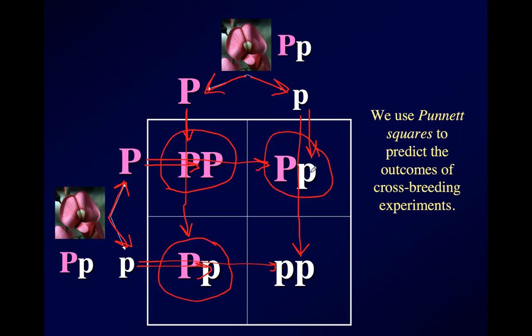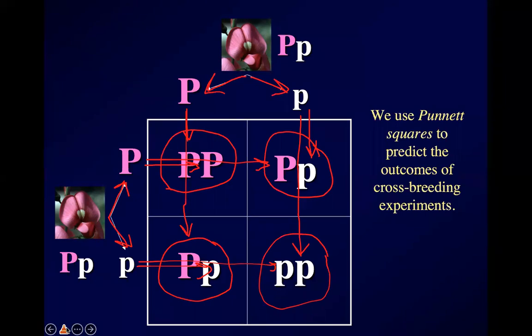They will look purple, but they will have 1 copy of the dominant purple allele and 1 copy of the recessive white allele. And then 1 of the 4 is going to inherit a recessive white allele, represented by lowercase p, from both parents, and that one will be homozygous recessive.